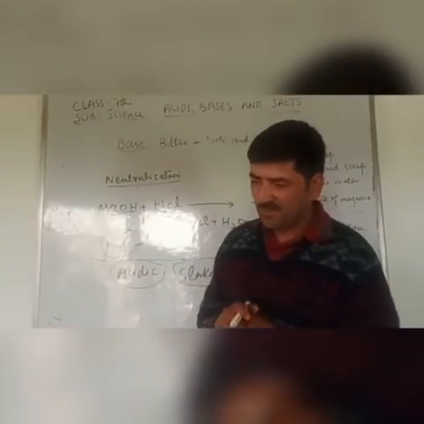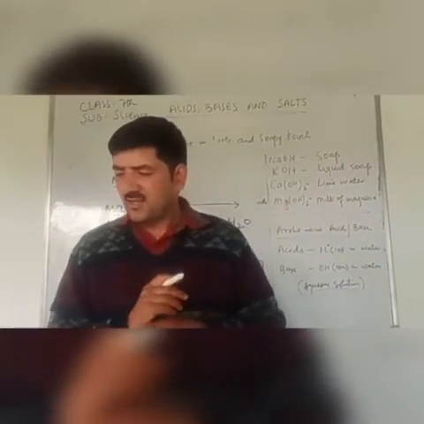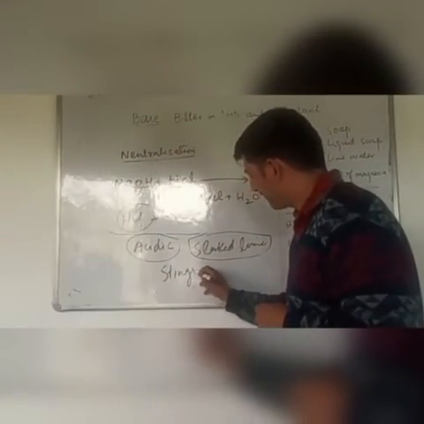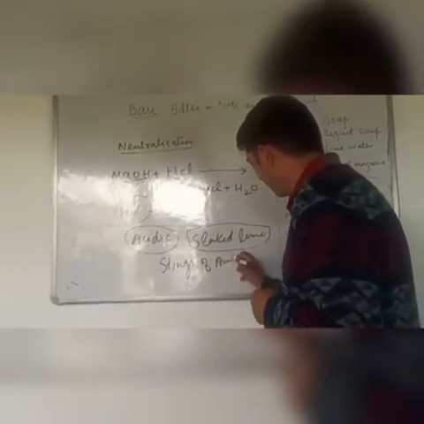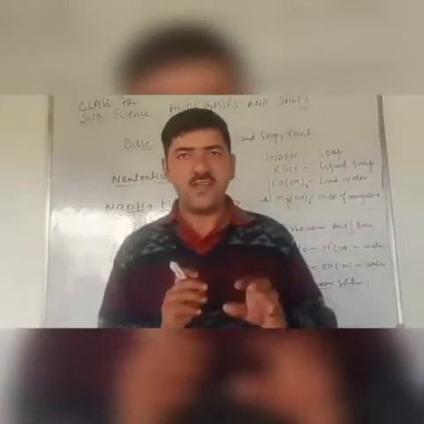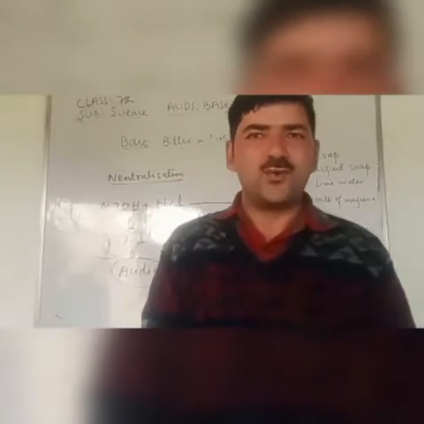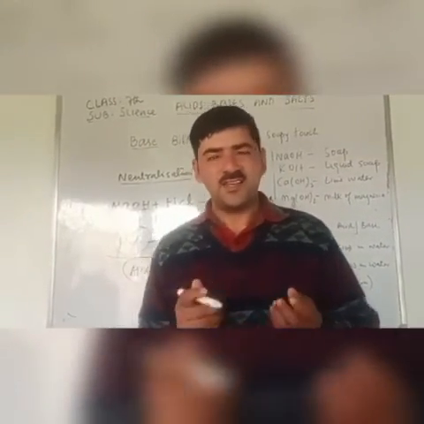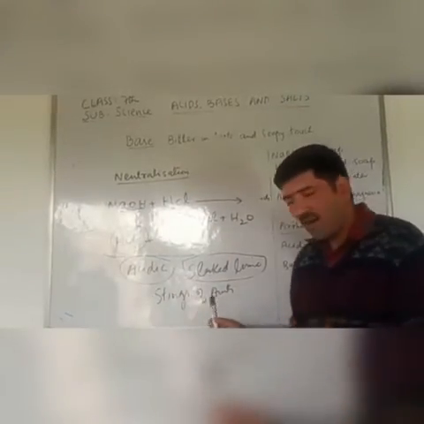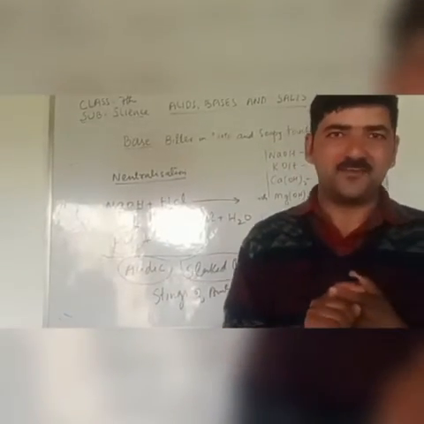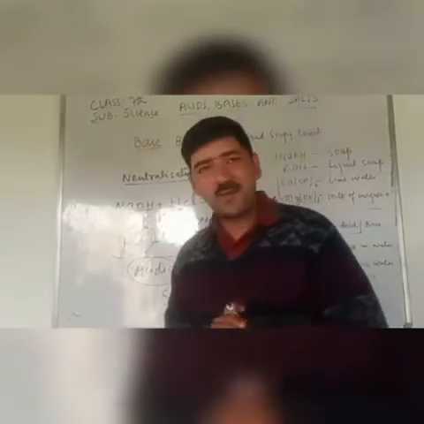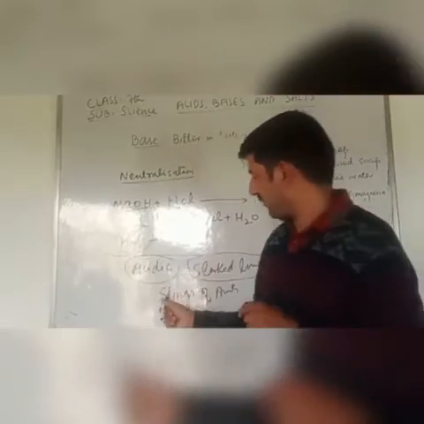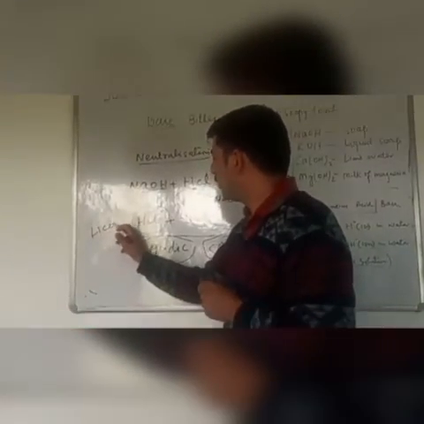Another example is stings of ants. When an ant stings you anywhere, you feel a kind of pain. Why? Because that sting of an ant contains formic acid. The formula of formic acid is HCOOH.